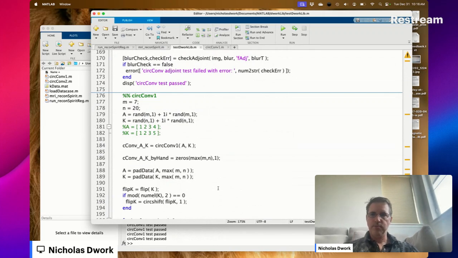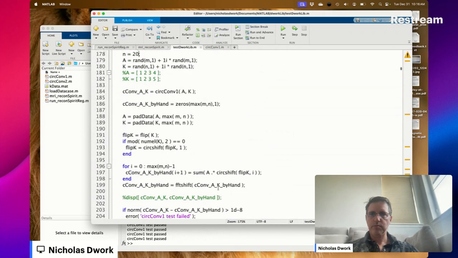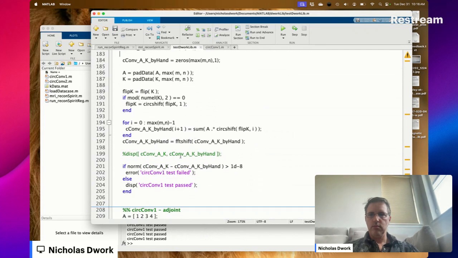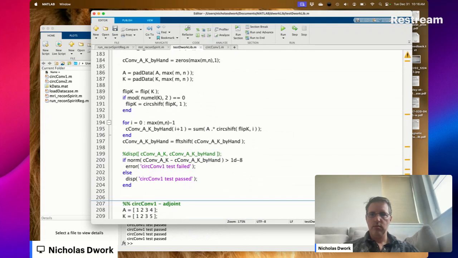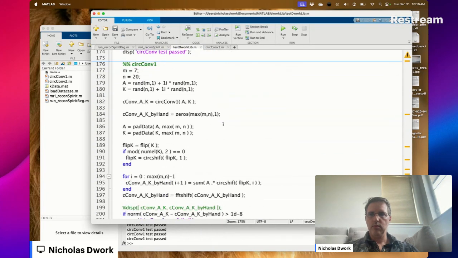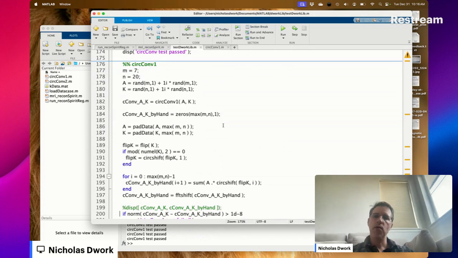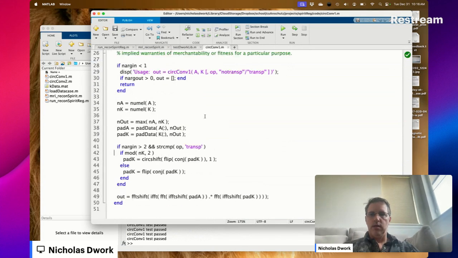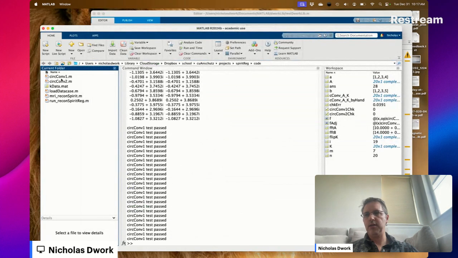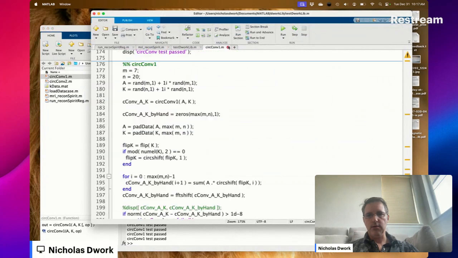The issue is that, okay, so first we've got the test for cirtconv1 and dwarglib, but cirtconv1 only lives in this local directory.